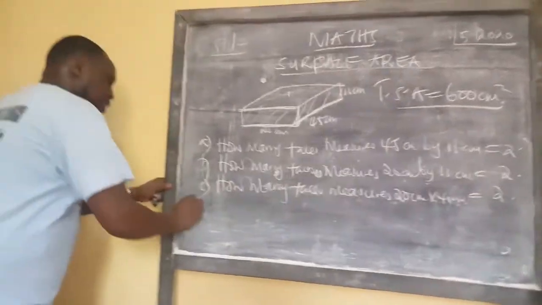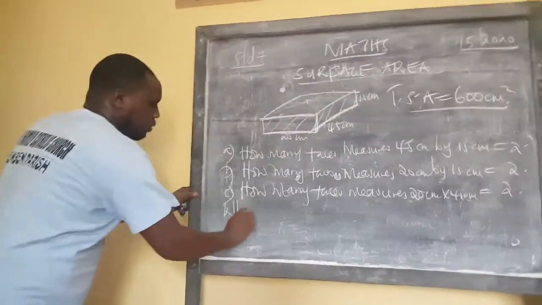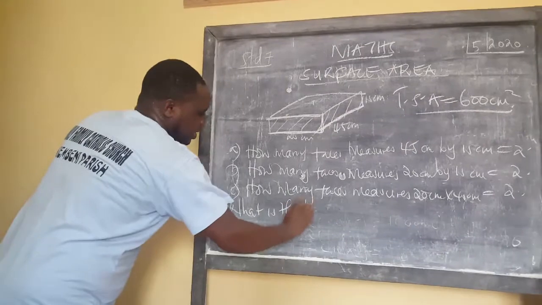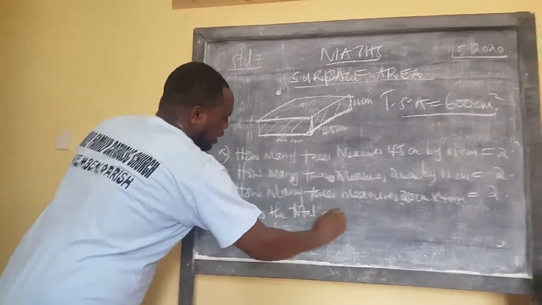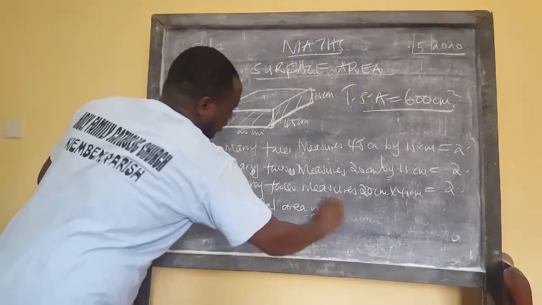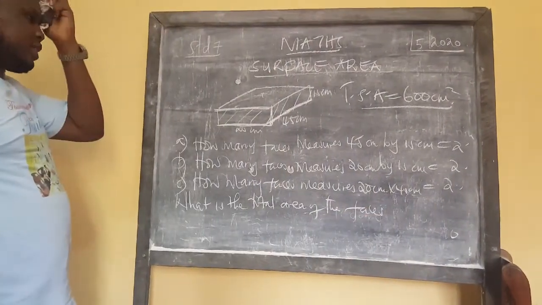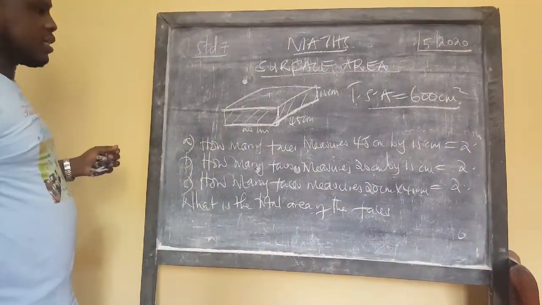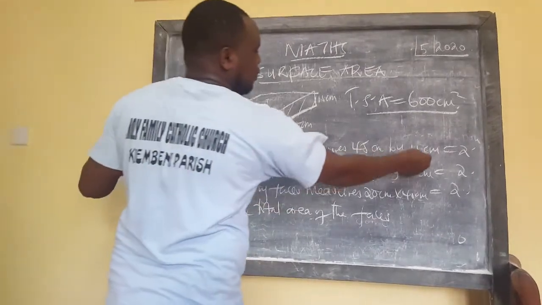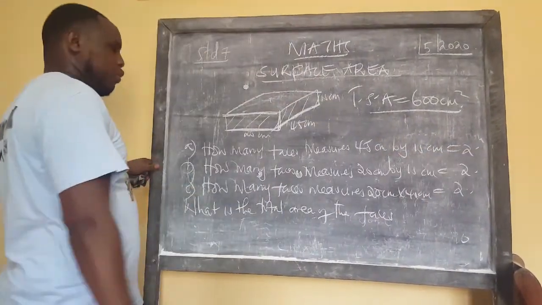And so we can ask ourselves, what will be the total area of the faces? For us to get the total area of the faces, we are going to get 45 times 15 times 2, because there are 2 faces.